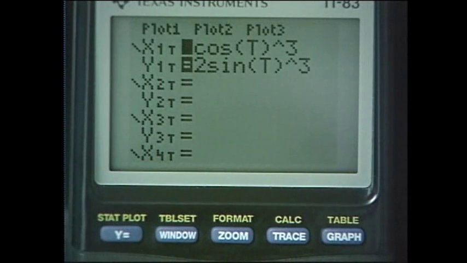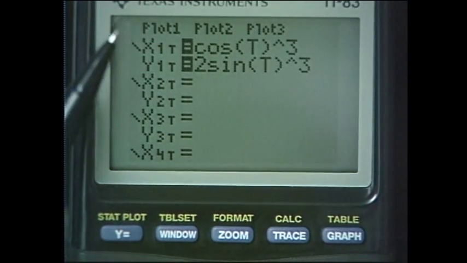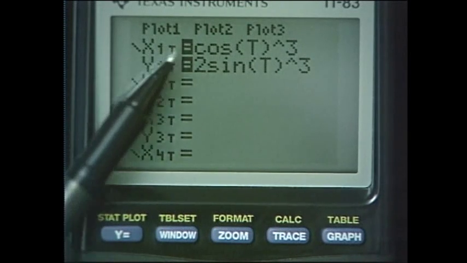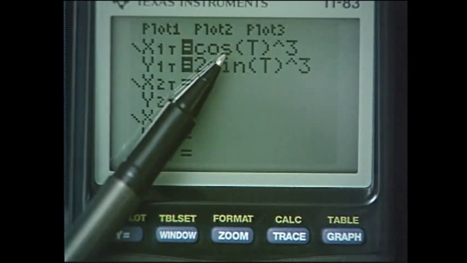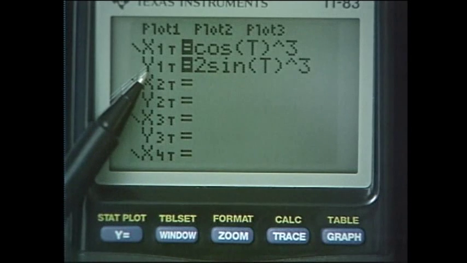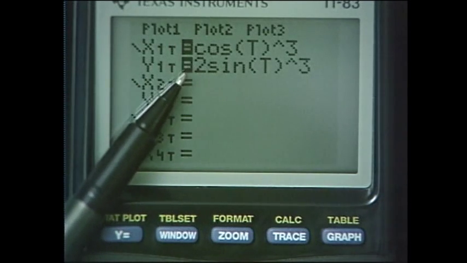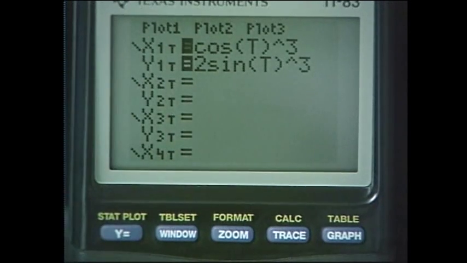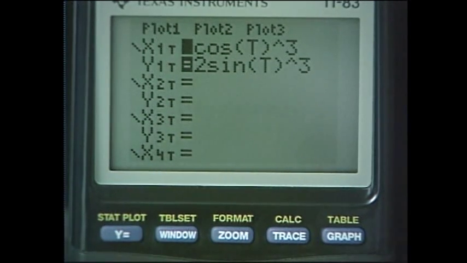Here are the two equations already entered, and remember that since we realize that the values of x will be changing from -1 to 1, and the values of y will change from -2 to 2, we might be tempted to make our window settings accordingly, but from our previous problem, we know to be aware of perspective.